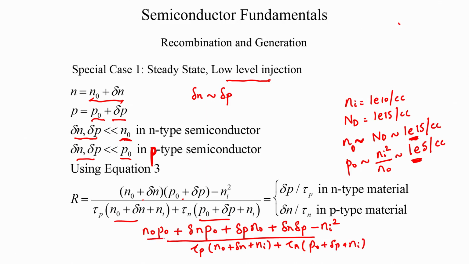Now, n naught p naught is nothing but ni square. So, this is ni square, and these two terms can cancel.